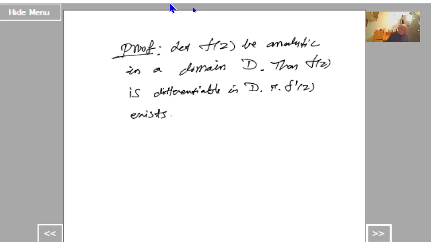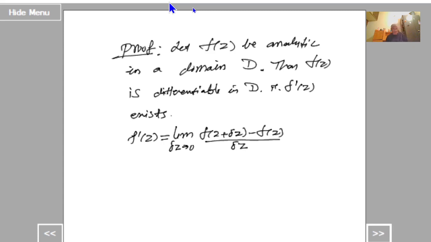And here we have f dash of z is equal to limit, this is by the definition, delta z tends to 0, f of z plus delta z minus f of z divided by delta z.